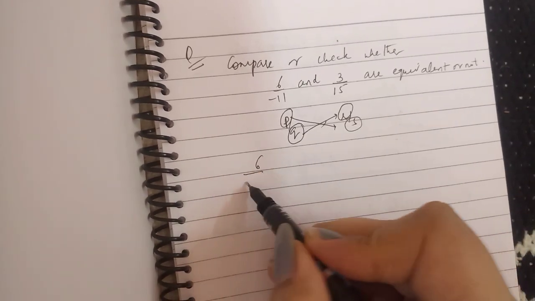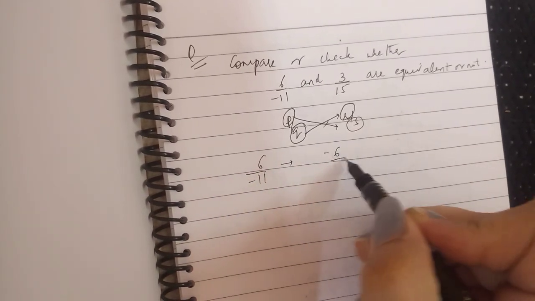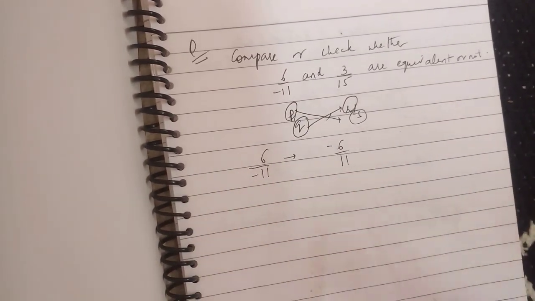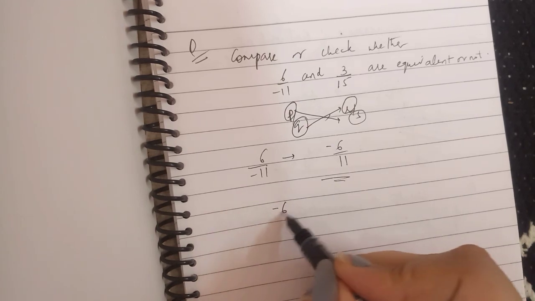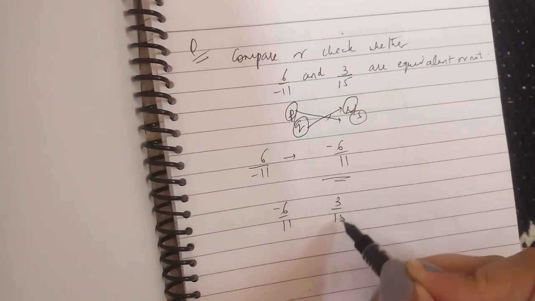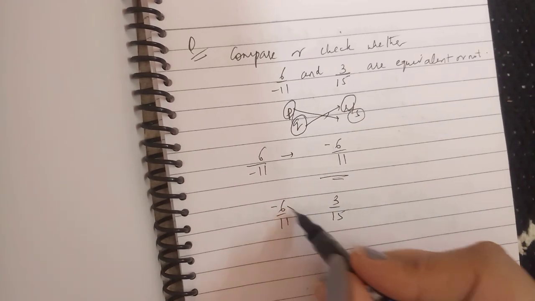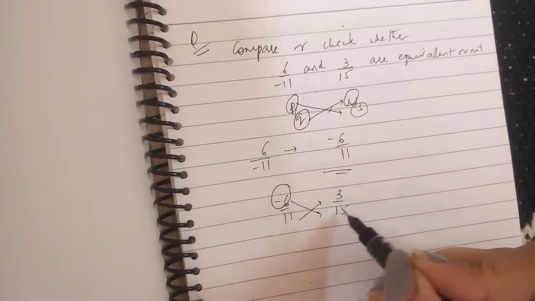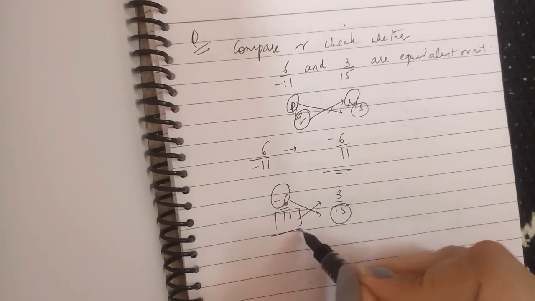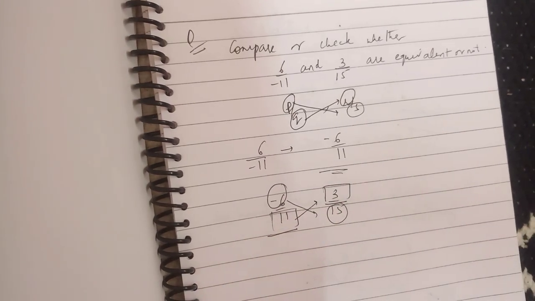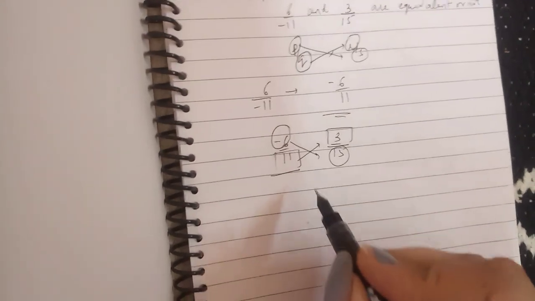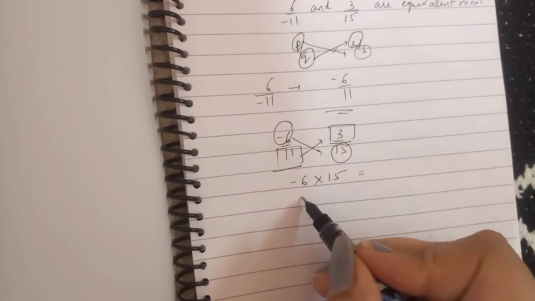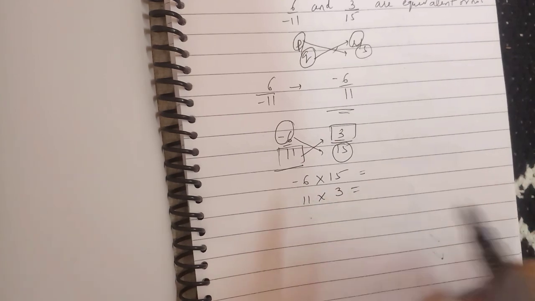First we will convert 6 upon minus 11 into the standard form. In every question you will first convert the number into standard form. Hence, minus 6 by 11 and 3 by 15. You will cross multiply, or multiply the numerator of one with the denominator of the other. And there I got minus 6 into 15 and 11 into 3.